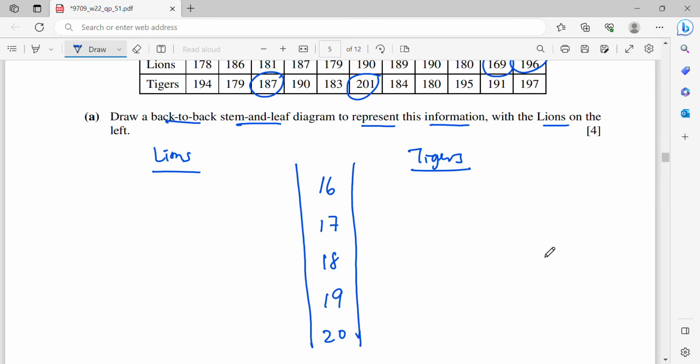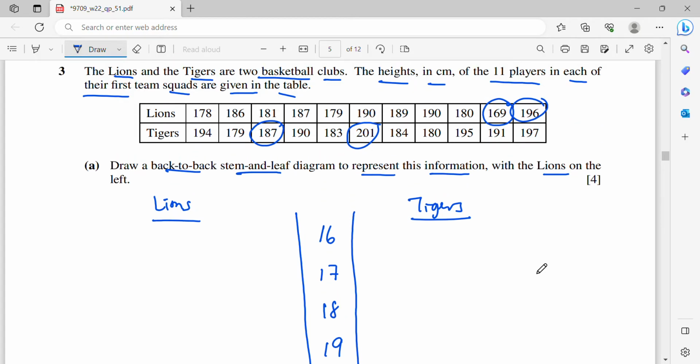Okay, so I will label the Lions first. The smallest is 169, so 169, done. Then followed by 178, 179. Then 180, 181.